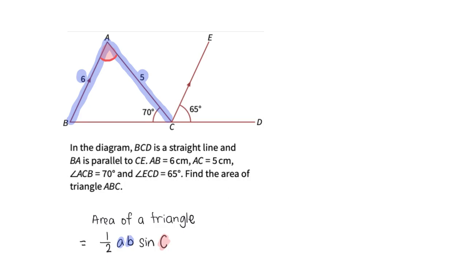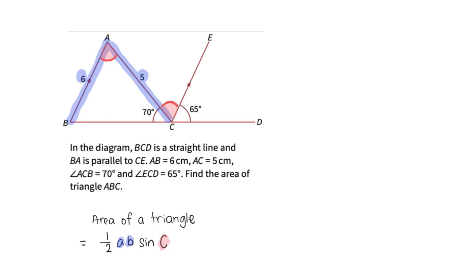So now our question is, what is this angle BAC that we need to find out first? Well, the parallel lines allow us to see that these 2 angles are the same because they are alternate angles.